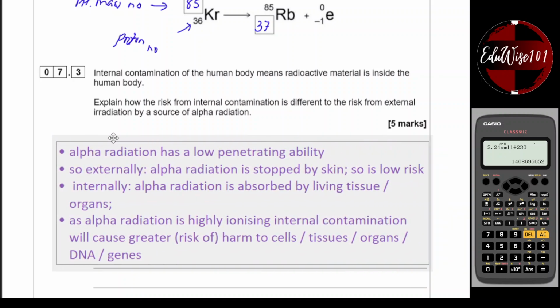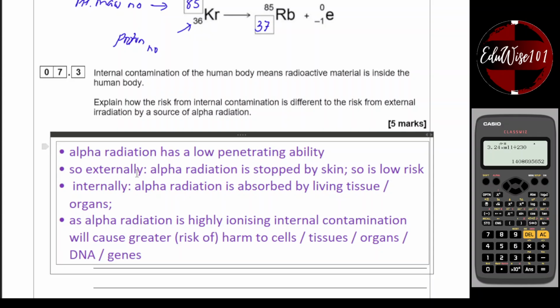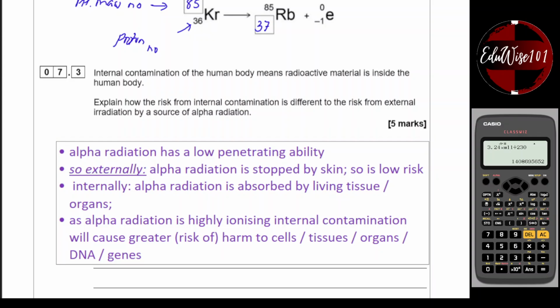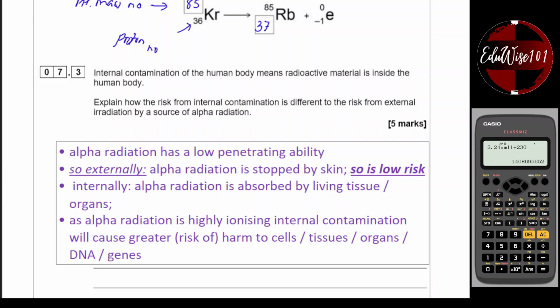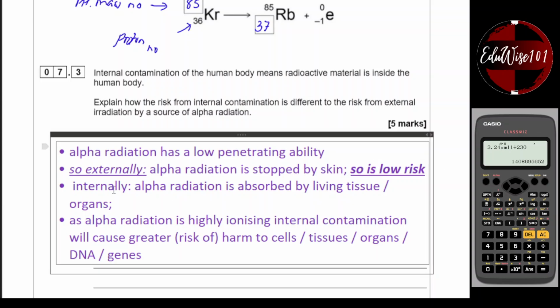So your answer: alpha radiation has a low penetrating ability. So if it was externally, alpha radiation is stopped by the skin, so is of low risk. Right? So it's low risk externally, but internally, alpha radiation is absorbed by living tissue or by the organs.